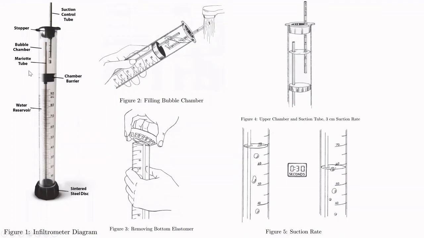So the air pressure in this chamber will be negative 3 centimeters, and the water entering the soil is based on negative 3 centimeter suction. And then of course you need to measure the drop of volume in the water reservoir from one volume to another volume. At the same time, you also need to record the time.